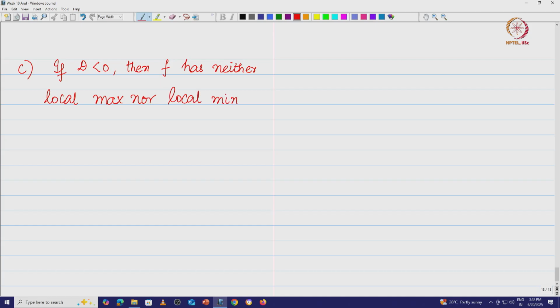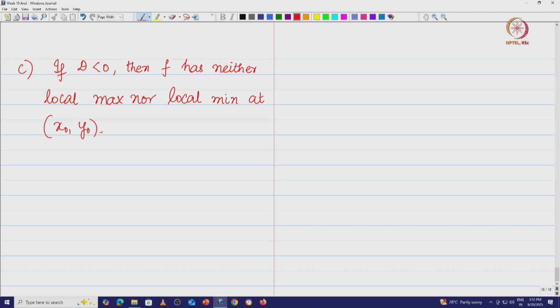Then the third point, we have C. If d is less than 0, then f has neither a local maxima nor a minima at x naught comma y naught.